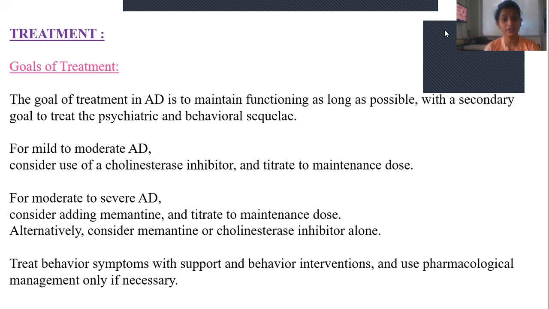If all those fail, only then do we go for pharmacological treatment for behavioral changes and psychiatric symptoms. So the main drugs include cholinesterase inhibitors and memantine. For mild to moderate, only a cholinesterase inhibitor is sufficient, and for moderate to severe, it requires the combination with memantine.